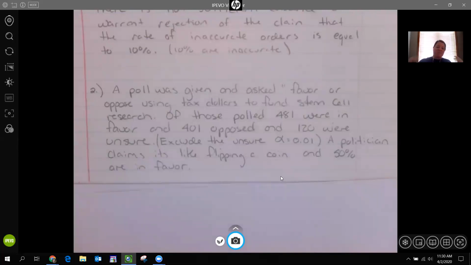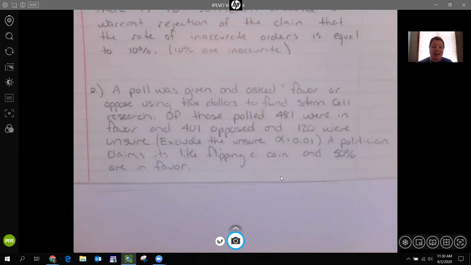And we're going to say this politician claims that it's like flipping a coin. It's 50% in favor. Well, what do we think about his claim? His claim is 50% are in favor. Okay, a couple things I want you to realize. We weren't given a certain number out of our total.